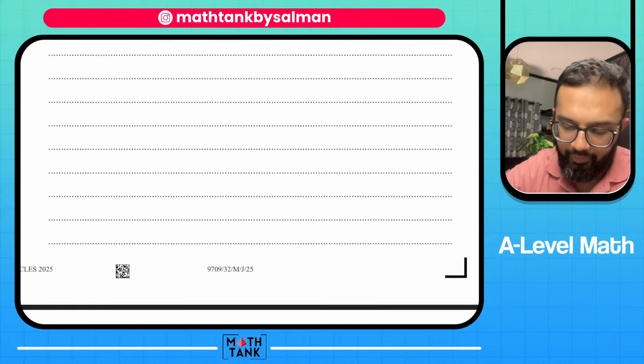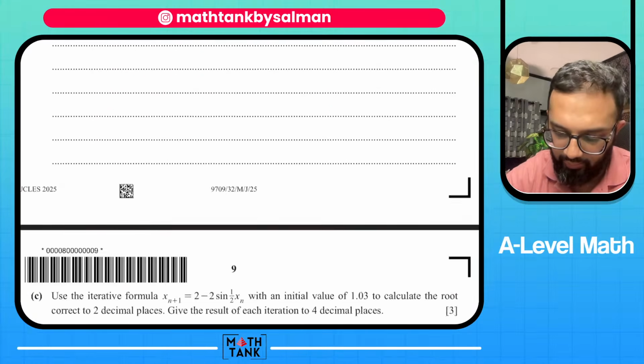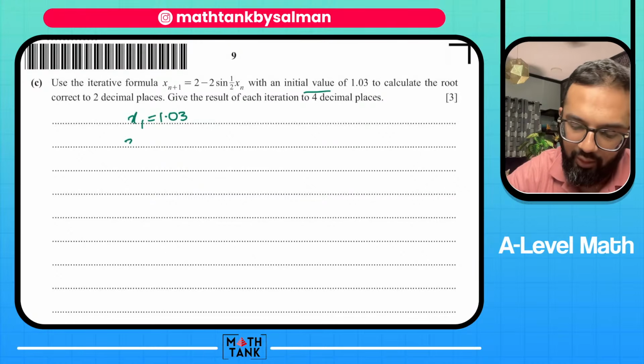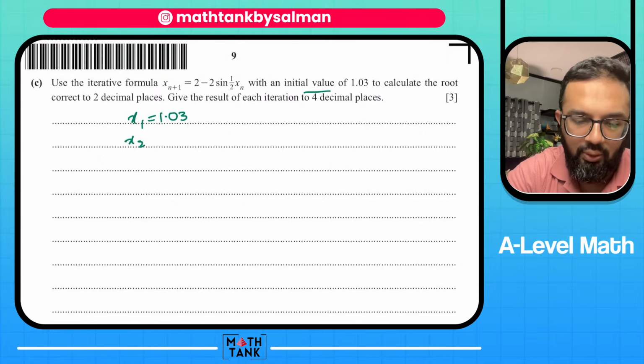Okay, then it says use the iterative formula with an initial value of 1.03. So 1.03 is programmed into my calculator, and then I use 2 sine 0.5 into answer.